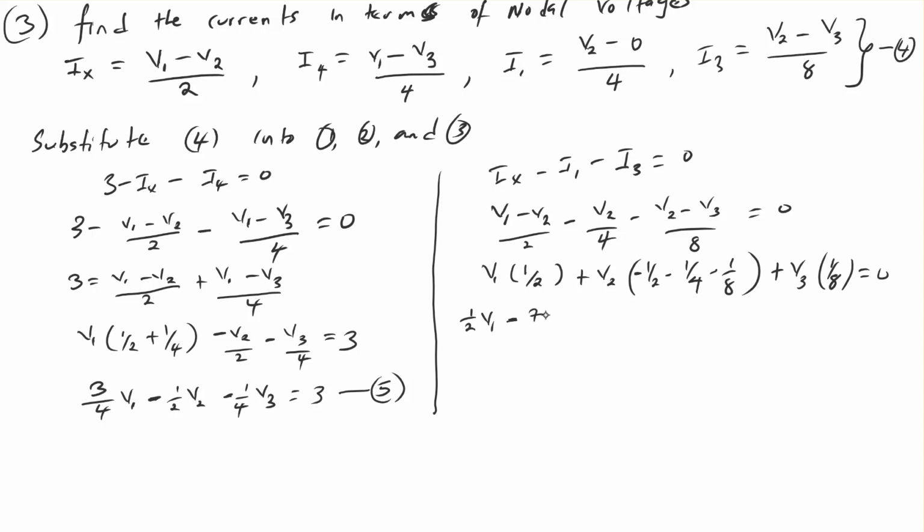So minus 7 over 8 V2 and then plus 1 over 8 V3. This is equal to 0, and I'll call this equation 6.